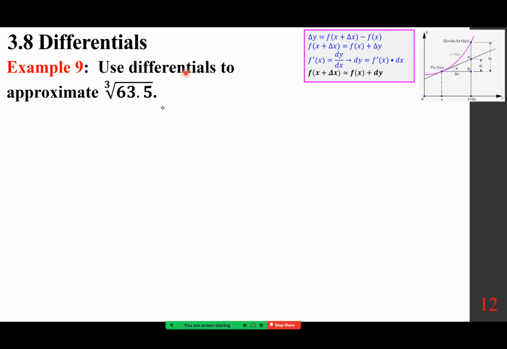Use differentials to approximate cube root of 63.5. When that happens, we need two things, class. Number one, we need a function that gives us the same action. What function would give us the same action? Cube root of 63.5, so cube root of x.